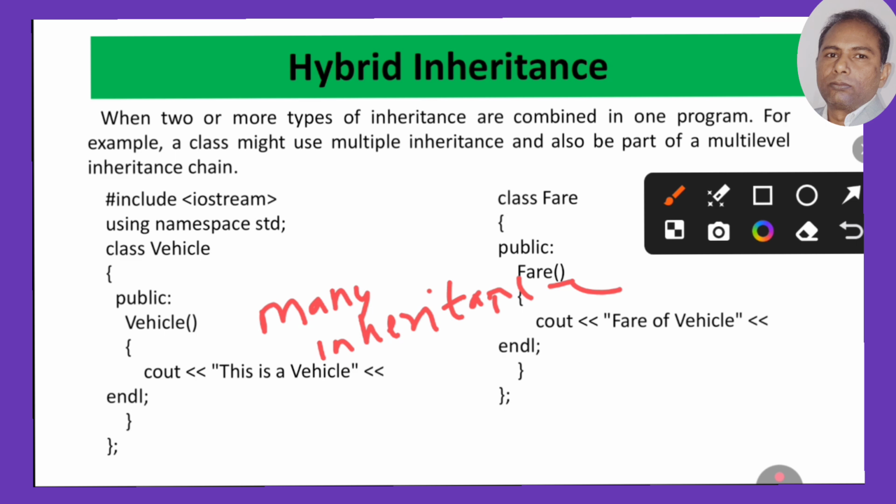When two or more types of inheritance are combined in one program, that is, we are having multiple inheritance and we are having multi-level or single inheritance. So a class might use multiple inheritance and also be part of multi-level inheritance. So it is known as hybrid inheritance.